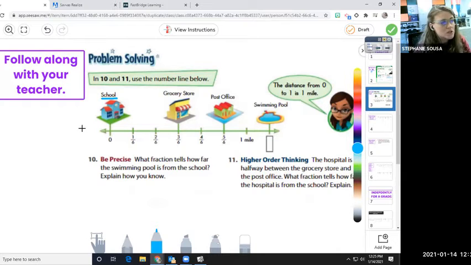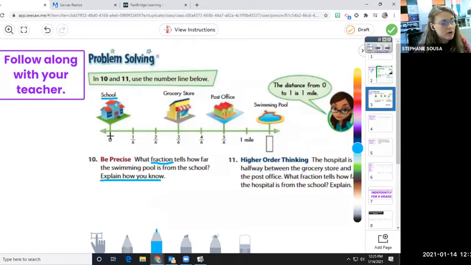Okay, let's look at number 10. What fraction, that's important, underline it, tells how far the swimming pool is from the school? Explain how you know. So we've got to do 2 things. We've got to write the fraction. We've got to explain. Okay, so let's take a look.